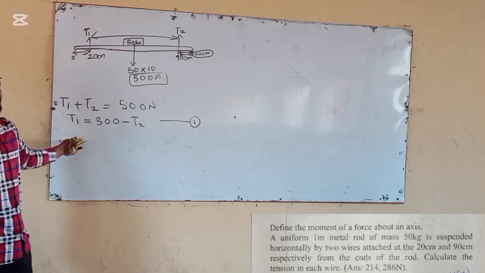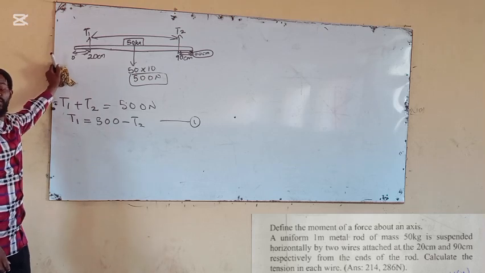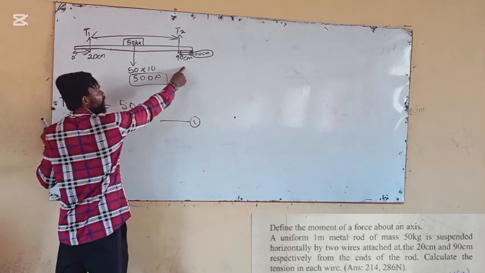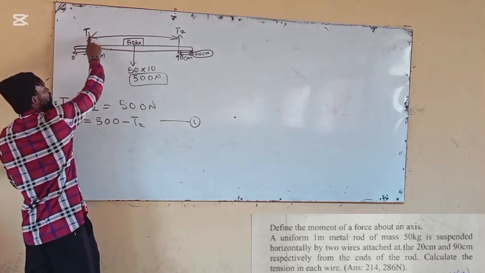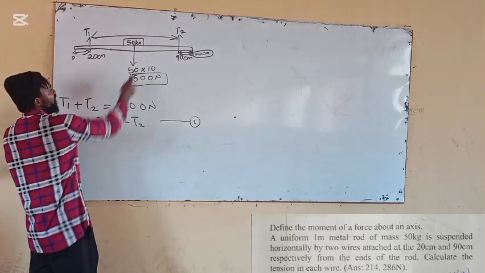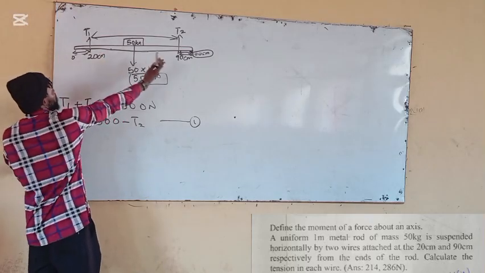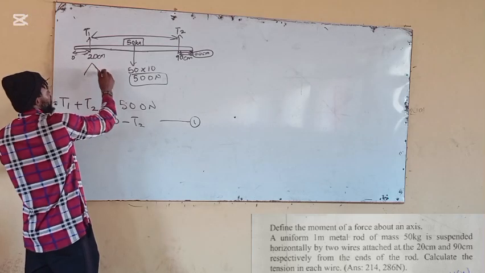You will always get T1, or you will always get any one, let's say T2, and let's set up the formula. Since I've gotten T1, I'm now trying to find T2. So I will imagine that I'm pointing the whole force towards this side.